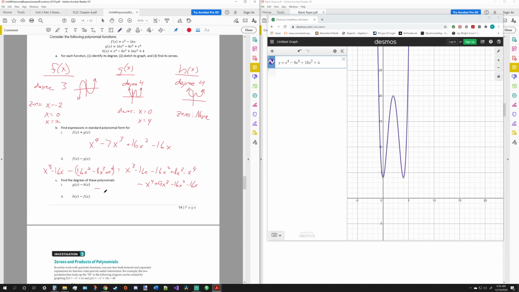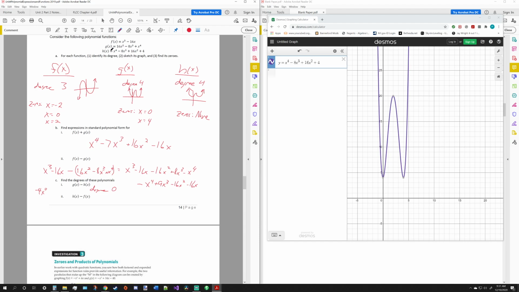So sorry, the degree of that polynomial is actually a degree 0. Because all we're left with is, sorry, negative 4. So negative 4 is x to the 0. So that's degree 0.